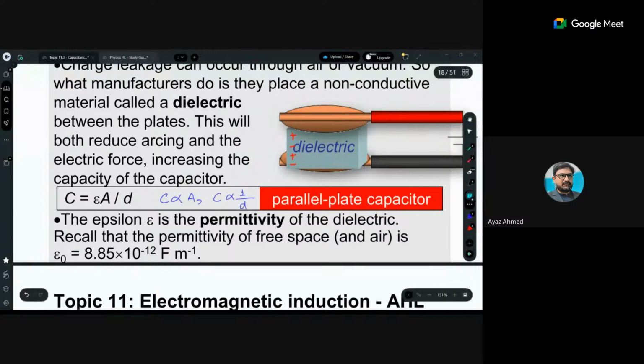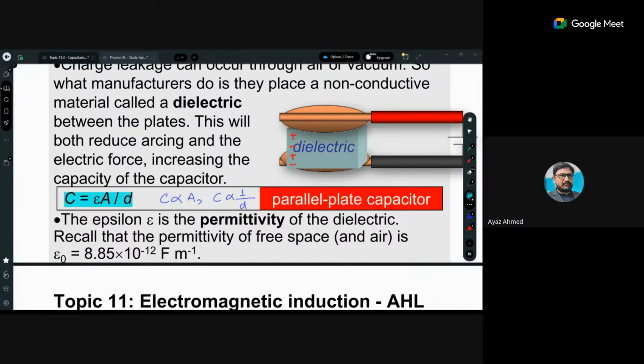Combining these two variables, capacitance is equal to epsilon naught A upon D, where epsilon naught is the permittivity of free space. Is it clear? Yes, sir.